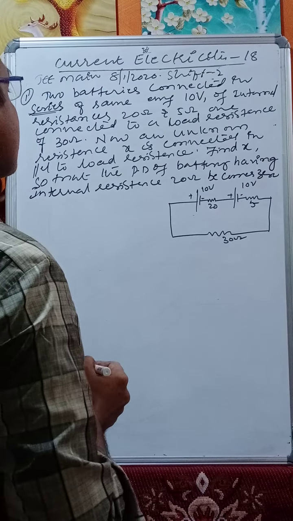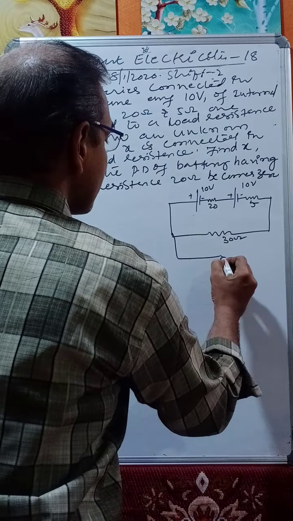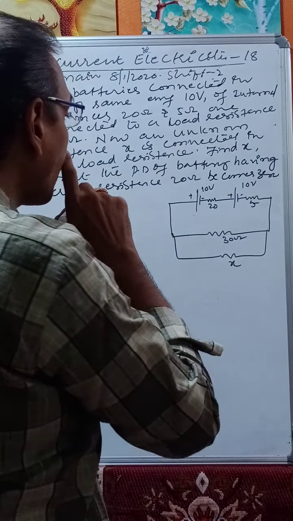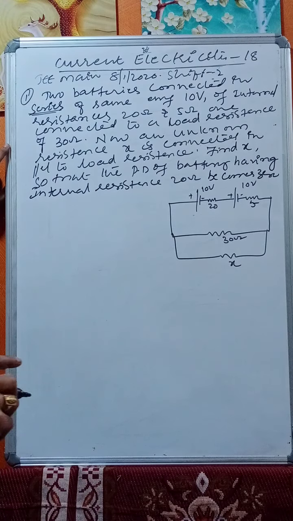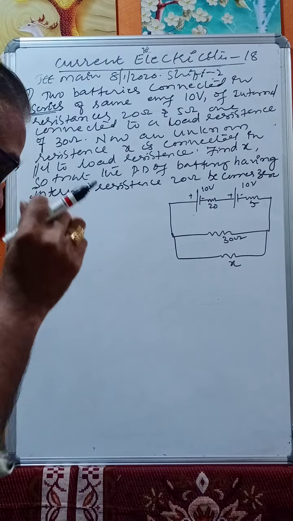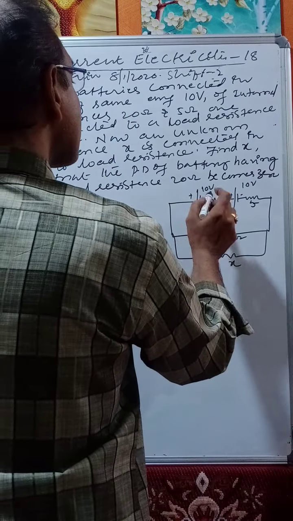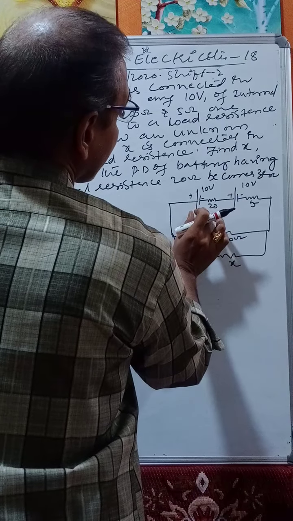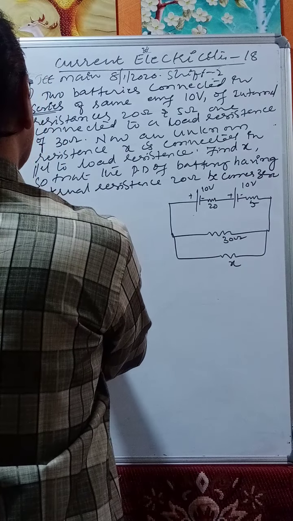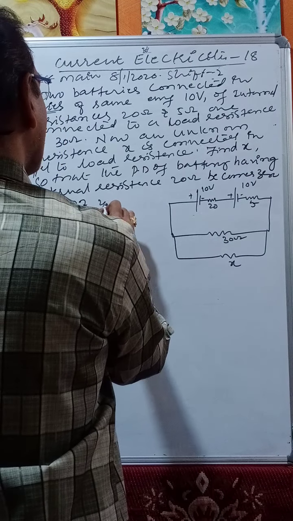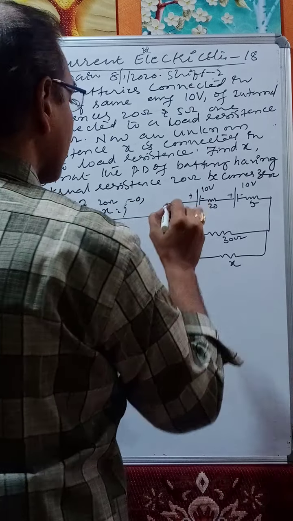Now an unknown resistance X is connected in parallel to the load resistance. Find X so that the potential drop of the battery having internal resistance 20 becomes 0. If the drop across this one is 0, then what is X? For PD of 20 ohm equal to 0, how much is X? He is asking that.